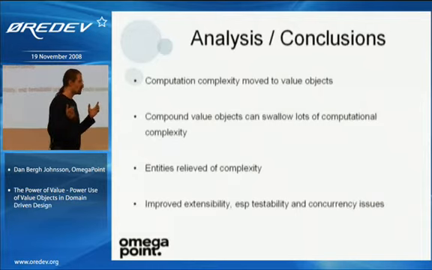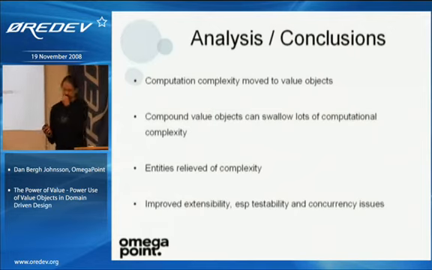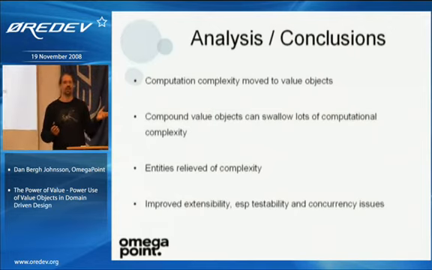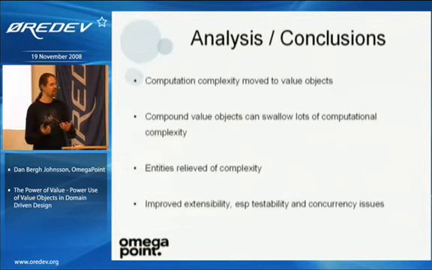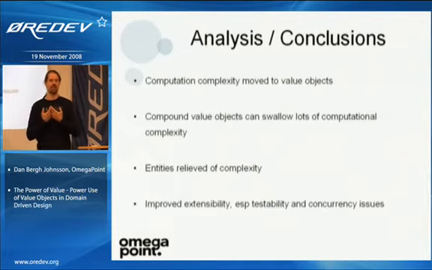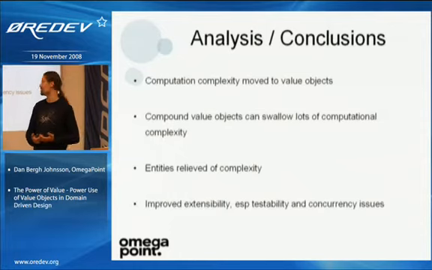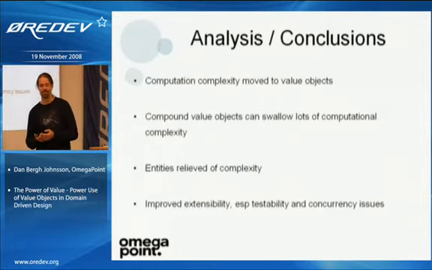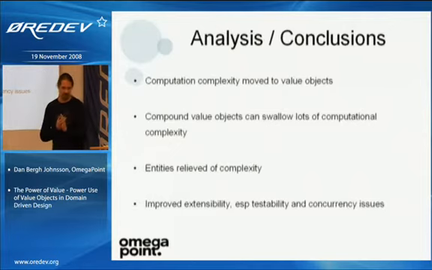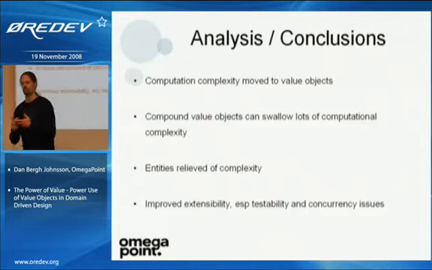Those can swallow a lot of computational complexity. What will happen is that the rest of the design, and especially the entities, are relieved of that complexity, thus making them clearer, and we will end up with a design with a lot of improvement in extensibility, especially testability, and concurrency issues will be reduced drastically. So let's go get it.